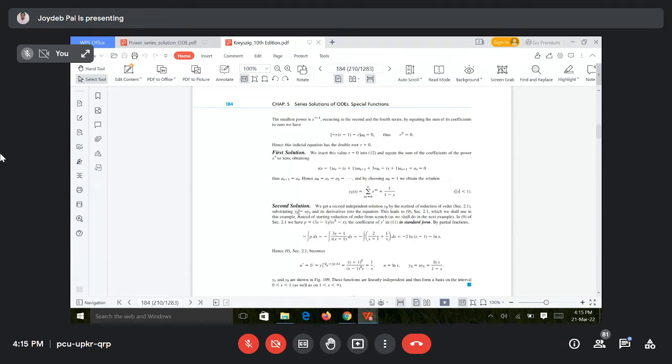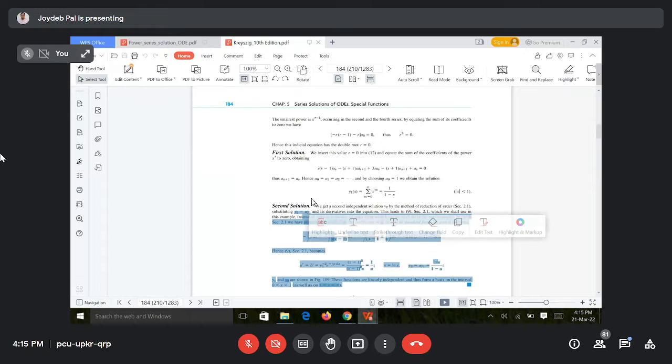In that method we substituted y2 equal to u into y1 into the equation. Then the equation reduced to a first order equation, and you solve it, you will get u, and accordingly you will get y2.